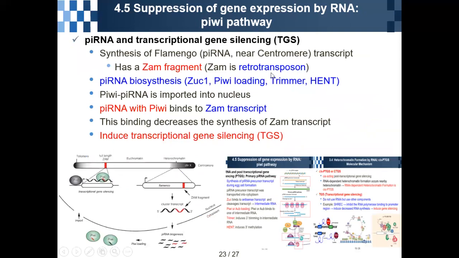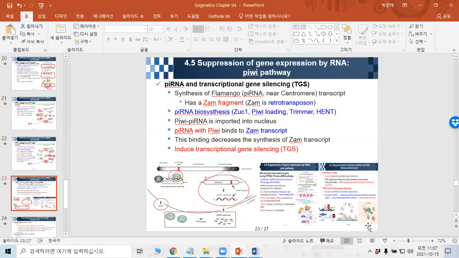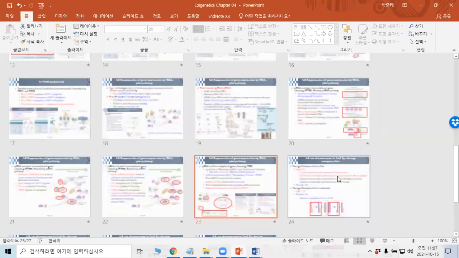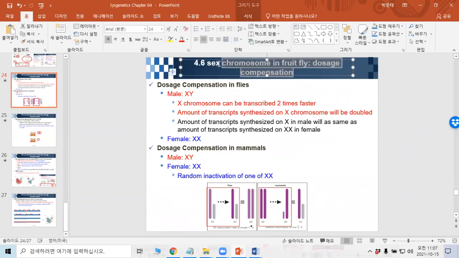And there is also another pathway, the transcriptional gene silencing pathway. And finally, the last subject is the sex chromosome. Plot-wise, there is a specific mechanism, dosage compensation.